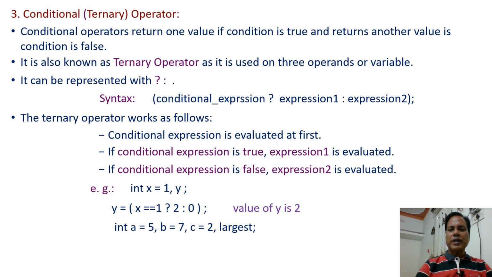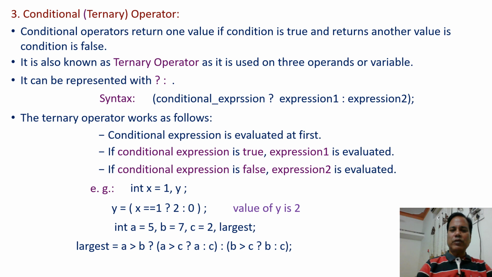So using the conditional operator, we have to find the largest value. An algebraic equation or C expression can be written using the conditional operator. So here we check if a greater than b, this is the conditional expression.